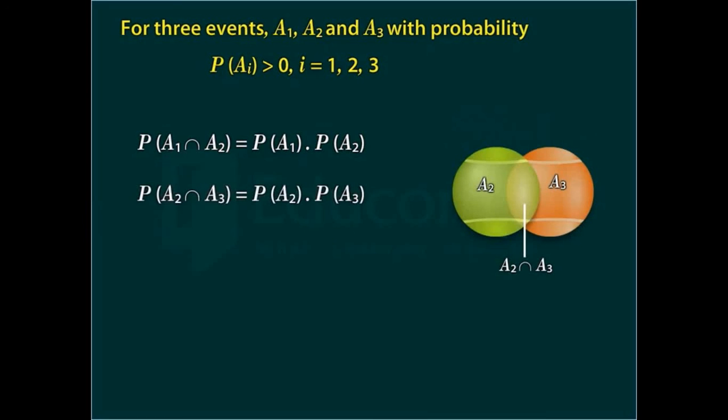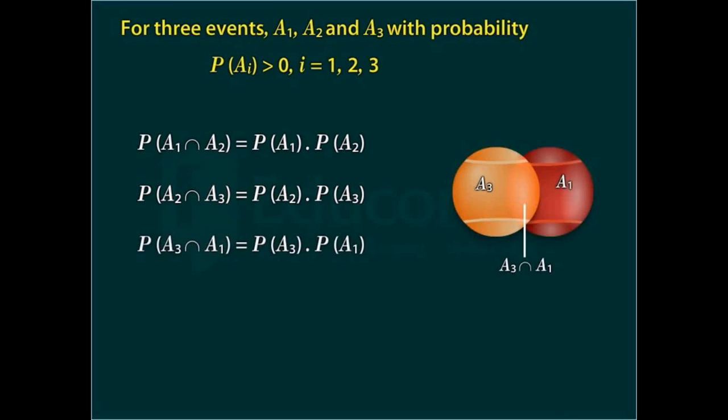P of A2 intersection A3 equals P of A2 into P of A3. P of A3 intersection A1 equals P of A3 into P of A1.